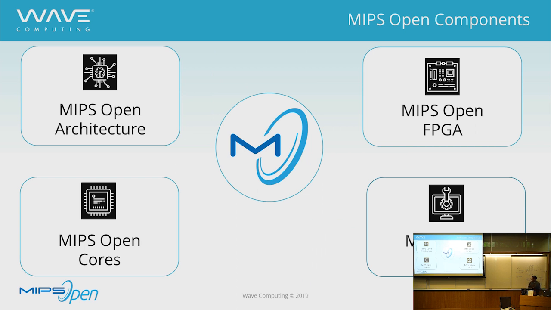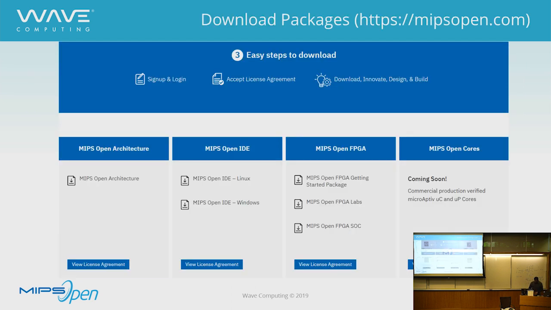You have the architecture, then you have the cores, which are built using that architecture. The FPGA system is more for training, evaluation, and teaching purposes. And then you have the tools: a full-fledged Eclipse IDE, along with MIPS Linux and all the other software that is provided not only by Wave or MIPS, but also by the ecosystem, third-party partners.